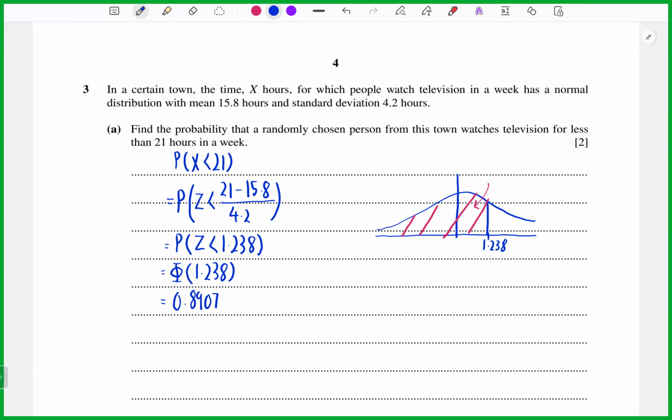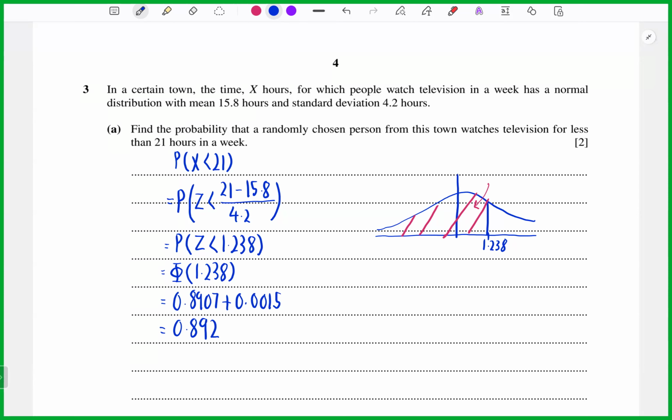So you can take 0.000015. So it will be equal to 0.8907 plus 0.0015. So you will get the answer 0.892. Make sure you write your answer in 3 significant figures.